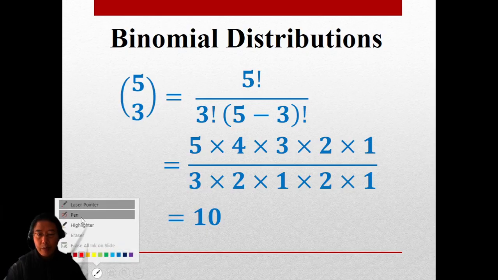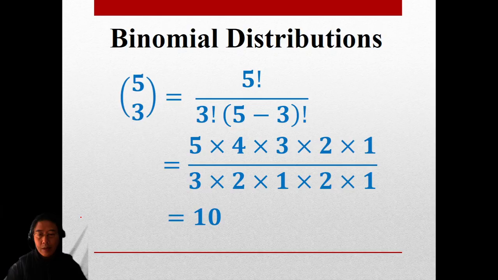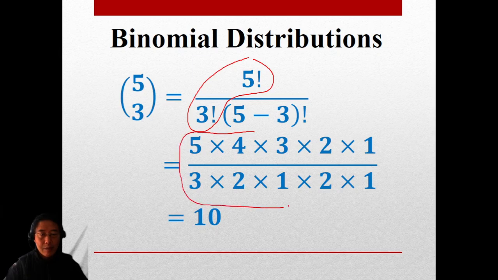If you had to do that by hand, this one is actually the same as that one.